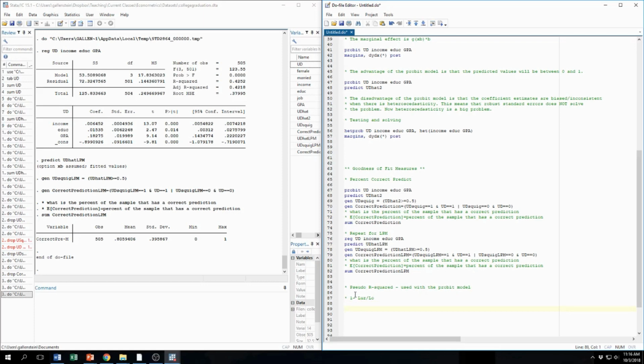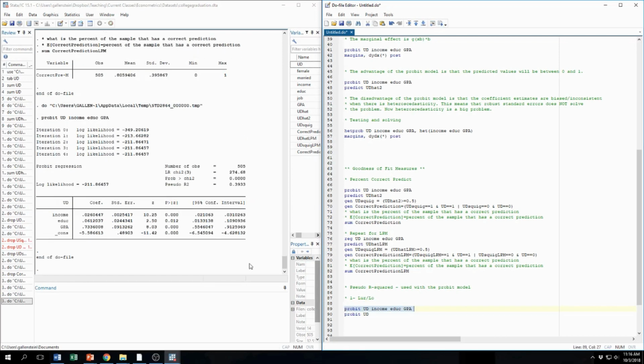All right, well, let's clarify what we mean by that. We do a Probit model, and then we would do a Probit model with just the intercept. The unrestricted model is the Probit model with all the independent variables. So that would be this one. L UR is this value here. All right, so we can start plugging this in.